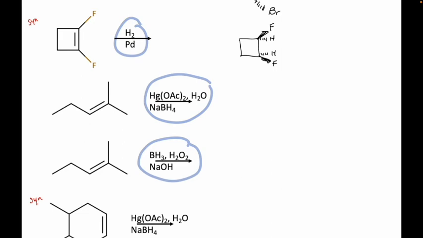All right, and then these 2 reactions here, I told you when you spy mercury or boron, these are both adding alcohol groups, OH groups. All right, so just real quick, we got no amount of time.